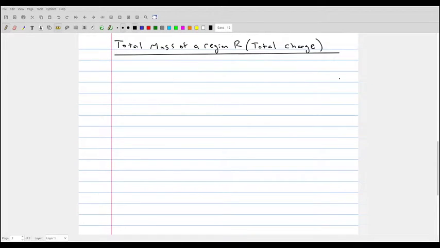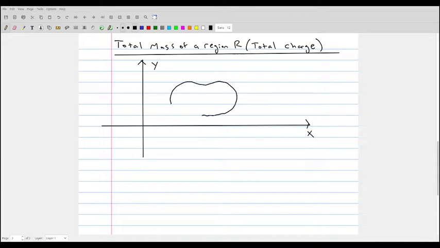The main idea here is that we're going to think of having, in general, some region in two-dimensional space, we'll call that region R.